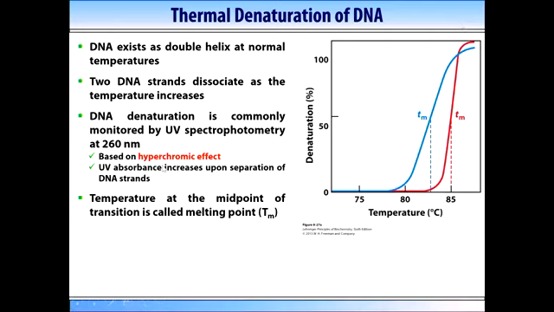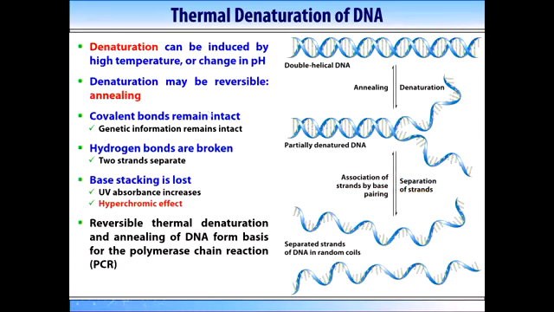This is called the hyperchromic effect. Basically, you can see that upon denaturation, DNA starts to absorb more than it was absorbing when it was an intact double-stranded helix. The reason why DNA absorbs is because of the aromatic nucleobases, right?